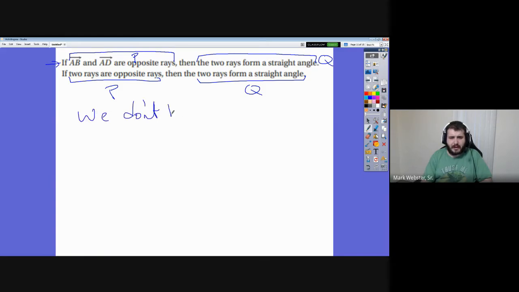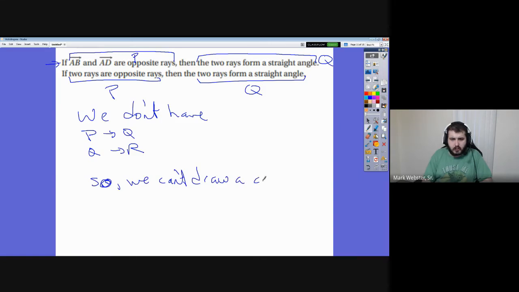Since we don't have P implies Q and Q implies R, since we don't have that, we just can't draw a conclusion.